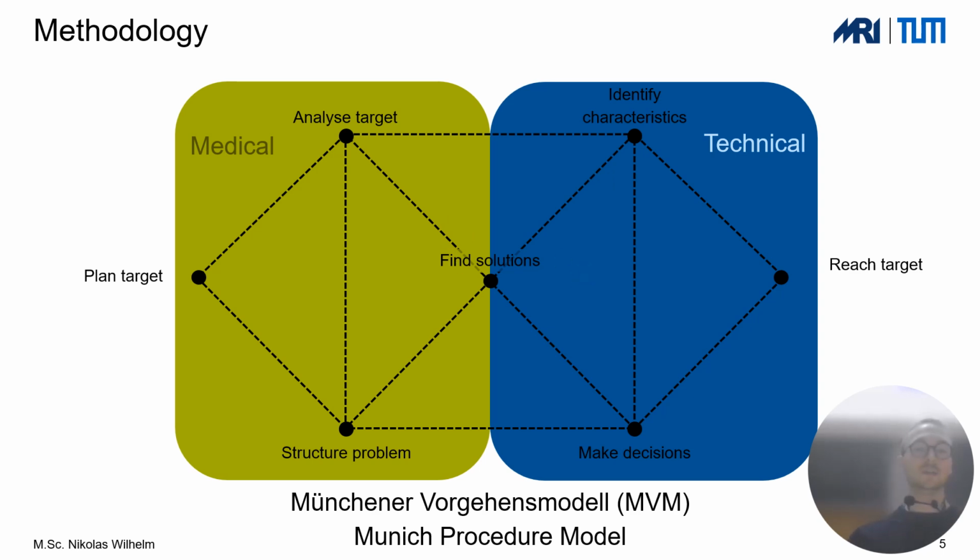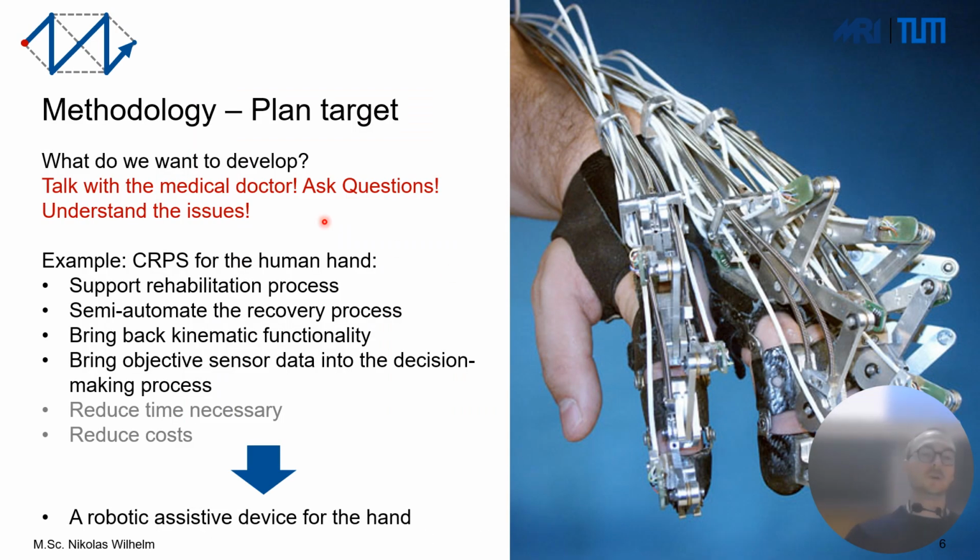Just to give you an example, we're going to look at a very practical example from our lab and follow the methodological steps of the Munich procedure model along the way. I need to tell you a bit about what this was about.